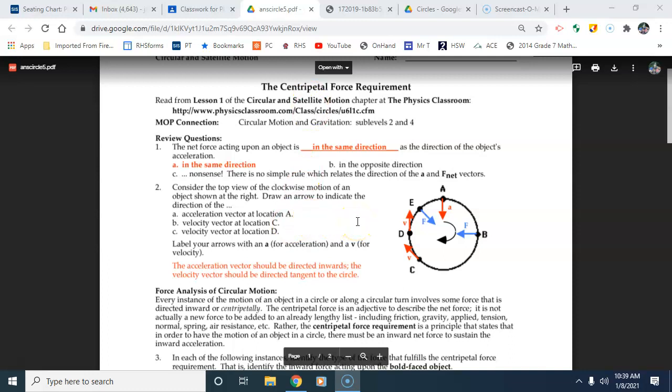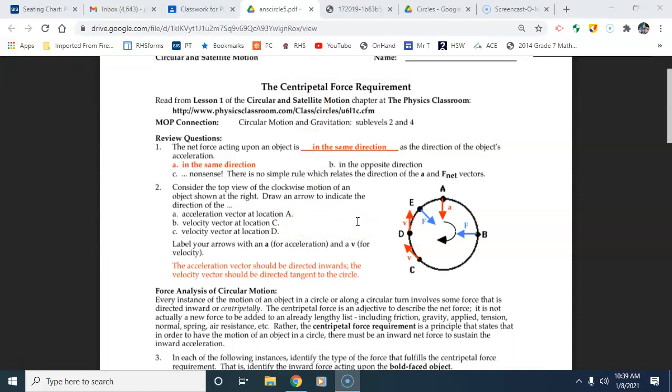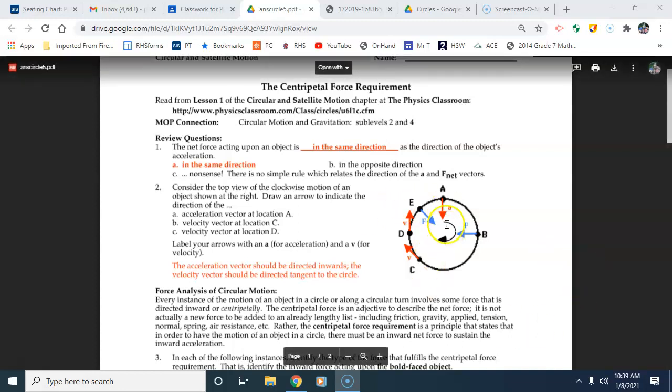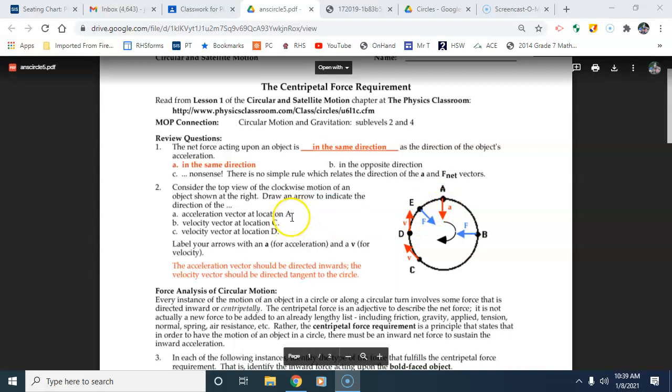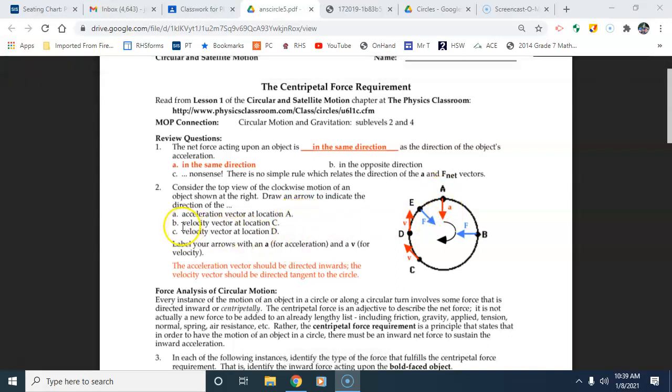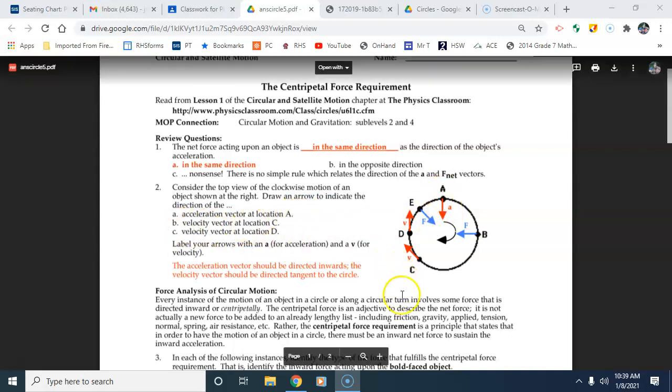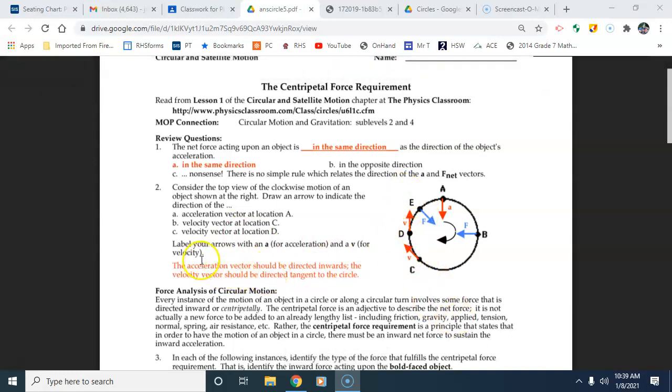So in number 2, it says, consider the top view of a clockwise motion of an object shown at the right. So this object's going in a circle like this. Draw an arrow to indicate the direction of these three things. The acceleration, right? The acceleration should point inward at location A, at all locations, but this is specifically location A. And B, the velocity vector at location C, and the velocity vector at location D. Remember, those point tangent, or a straight line off the circle.